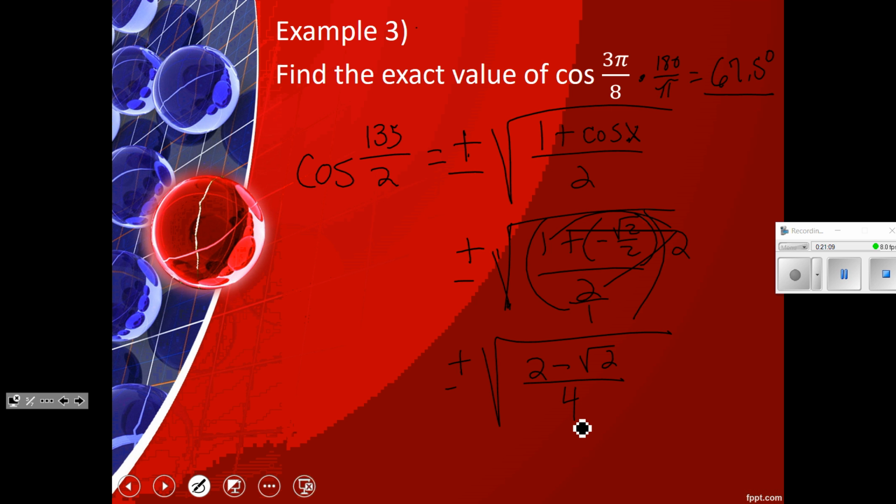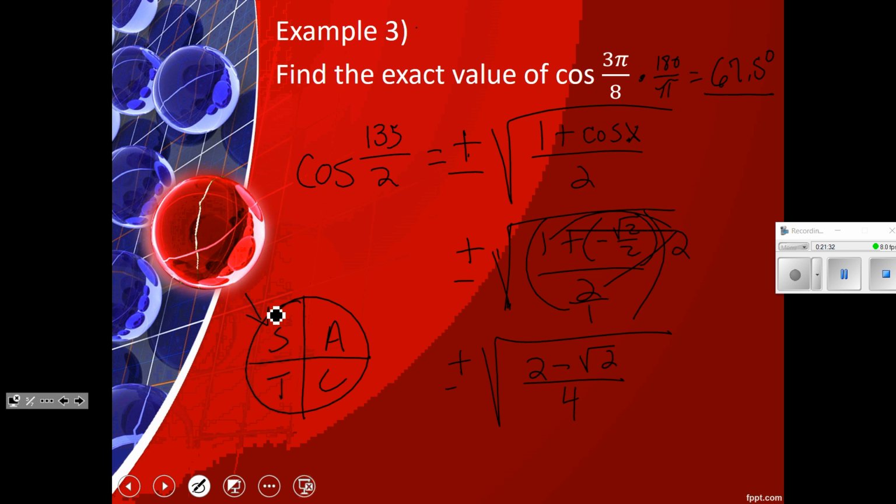Okay, and you can just leave it like that, except you've got to determine plus or minus. So let's take a look. All students take calculus. I know that we used 135, which is quadrant 2, meaning that the cosine would be what? Negative, but that's not what I'm searching for.